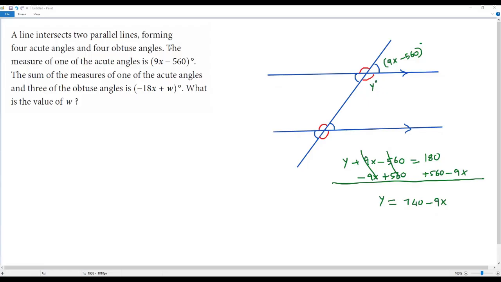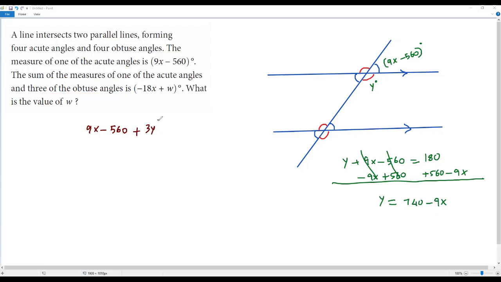Now let's consider the information we have over here: the sum of the measures of one of the acute angles and three of the obtuse angles. One of the acute angles means this one, that is 9x − 560, and three of the obtuse angles means 3 times y.